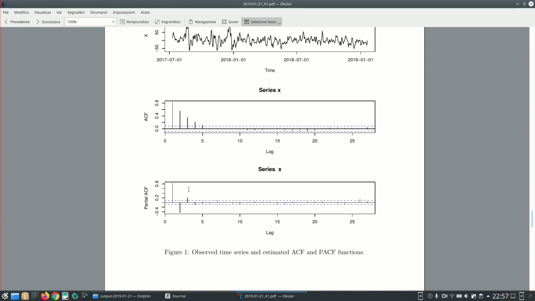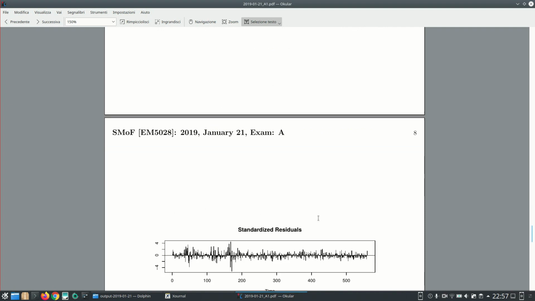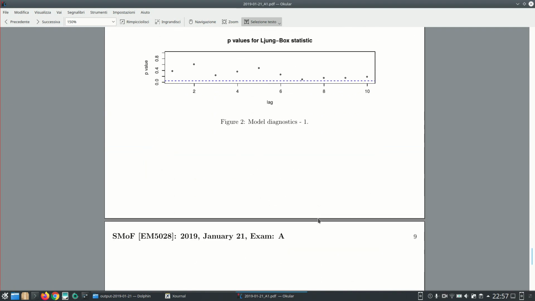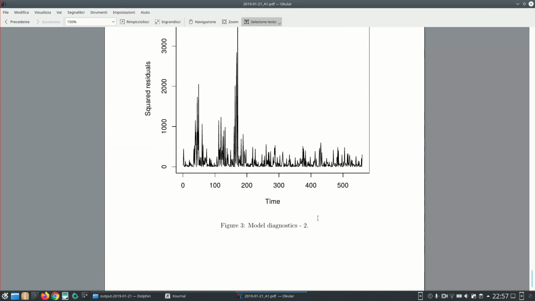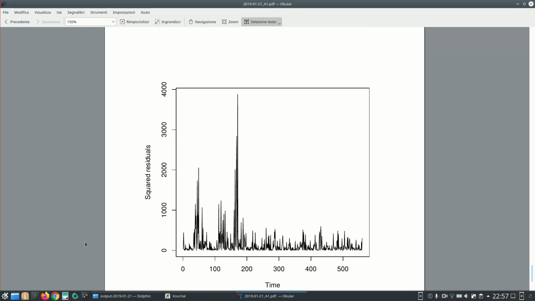So you remember, I neglected the third plot, the plot of squared residuals. Here you can notice it is more apparent that you have some traits of volatility clustering. In some periods the squared residuals are much higher than in other periods. It is quite apparent in the first part of the plot.